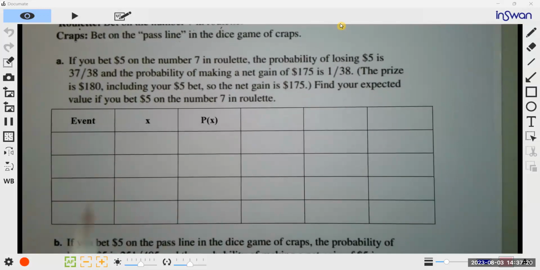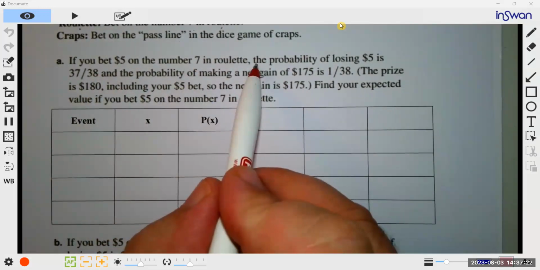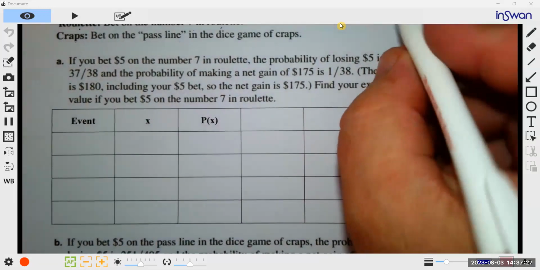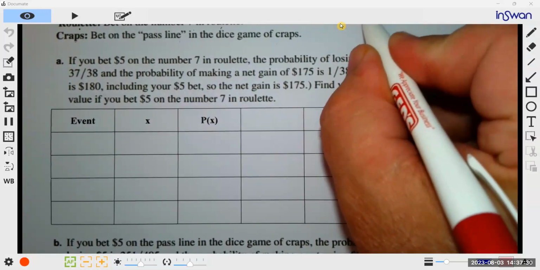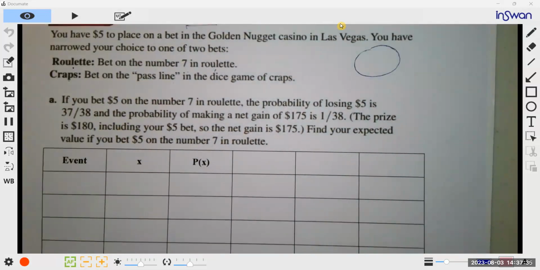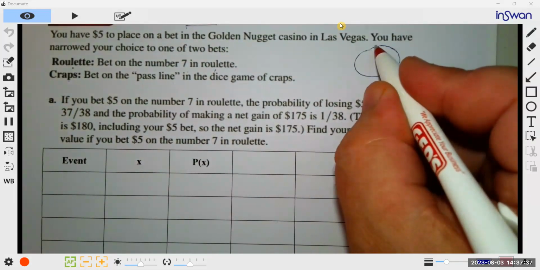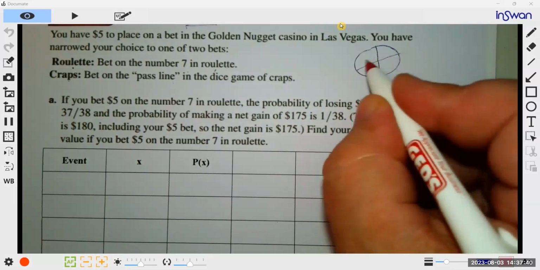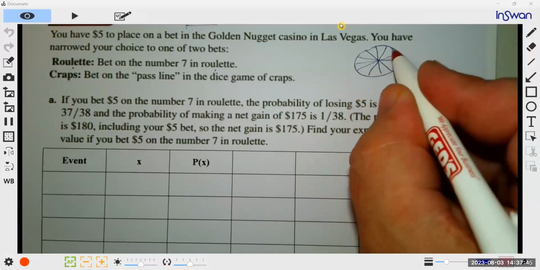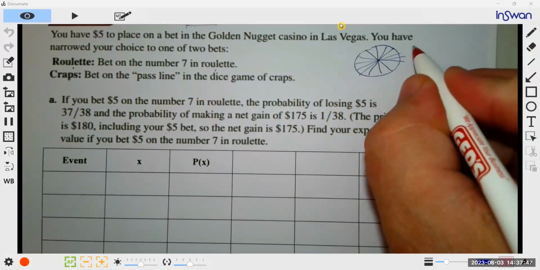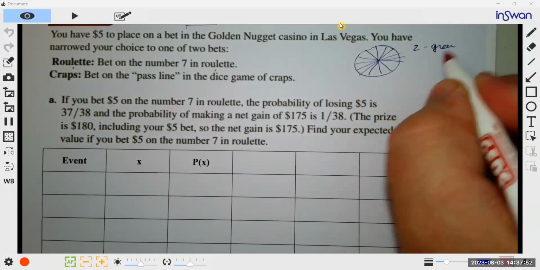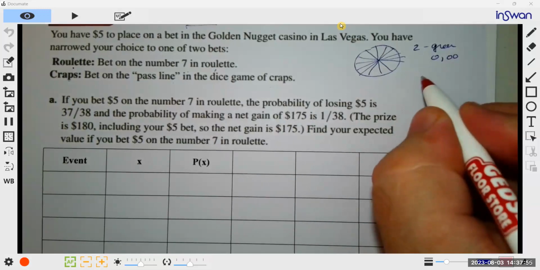So if you bet $5 on number 7, the probability of losing $5 is 37 out of 38. Because in roulette, that's the wheel, half the numbers are red, half the numbers are black, and it has two green, a 0 and a 00.